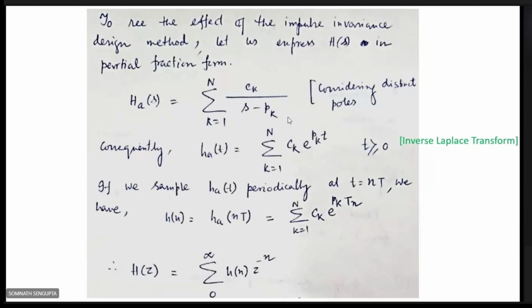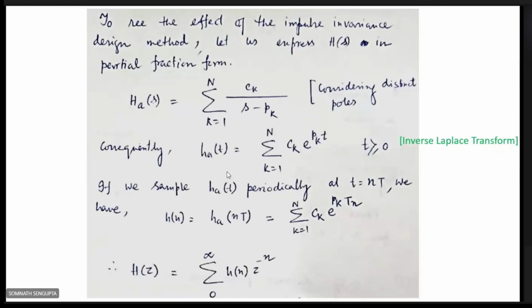So in the time domain, for the different poles, there will be different corresponding inverse Laplace transform terms. These are given by summation k equal to 1 to n Ck e to the power pk t. So this is the analog impulse response.